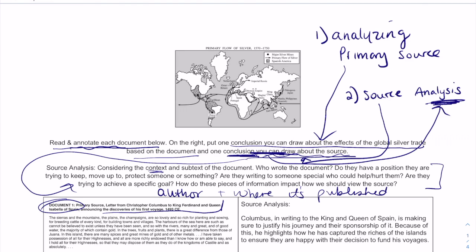Context is what's going on when the person is writing, and subtext is what's going on in between the lines. To get at these things, here are questions we can ask ourselves. Who wrote the document? Do they have a position they're trying to keep, move up to, protect? Are they writing to someone special who could help or hurt them? Are they trying to achieve a specific goal? How do these pieces of information impact how we should view the source?